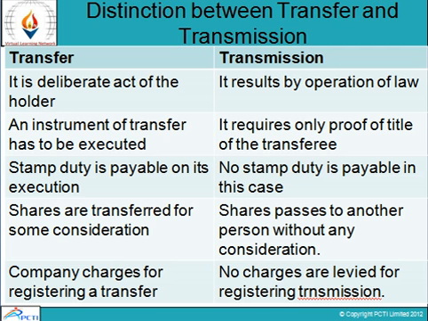Stamp duty is payable on execution in transfer, and no stamp duty is payable in transmission. Shares are transferred for some consideration in transfer, and in transmission, shares pass to another person without any consideration. The company charges for registering a transfer. No charges are levied for registering transmission.